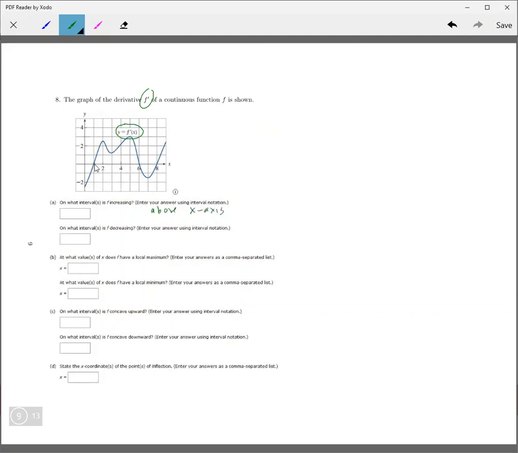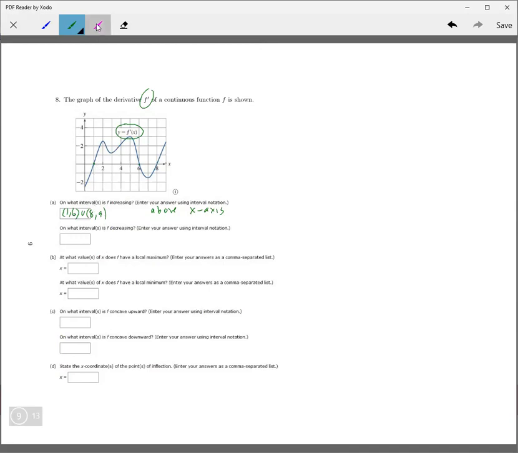So from 1 to 6, and from 8 to 9. It says assume f prime continues to infinity. I'm not sure what that means, but apparently it doesn't mean to put an infinity right there, because I tried that and it was wrong. So 8 to 9 works though.